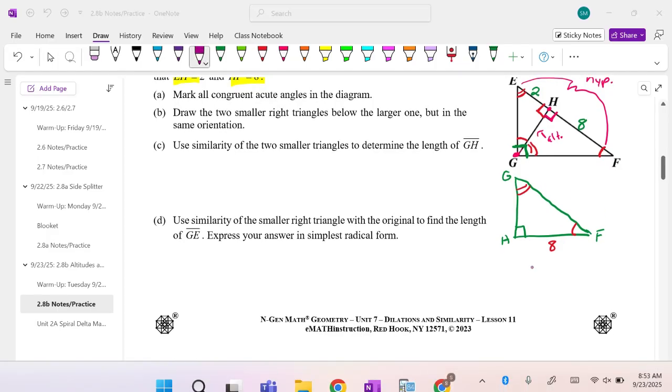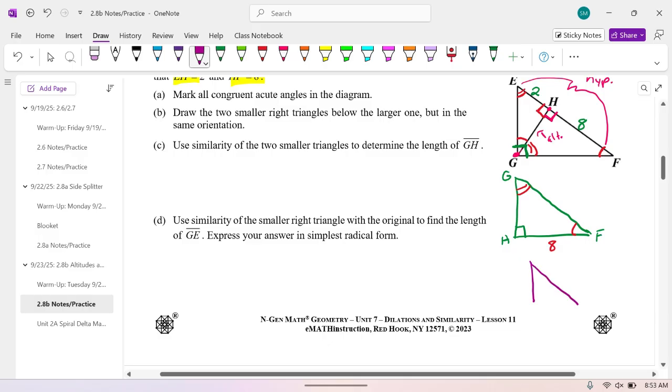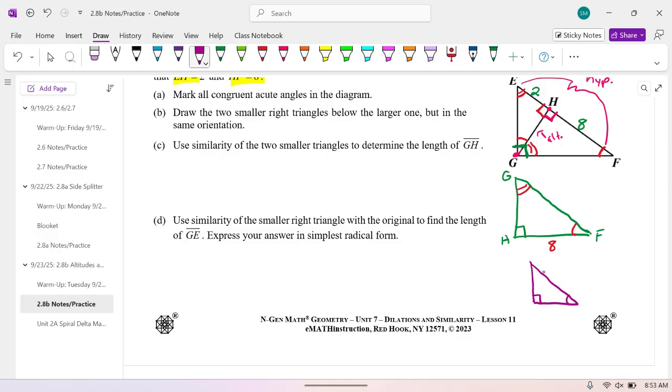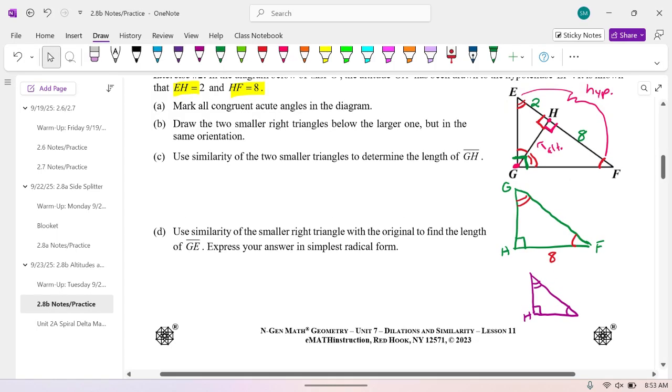Then if I draw the smallest right triangle, the right angle's right here, it should have these tick marks here. We know H is still the right angle, so what letter would have to go with the 2 ticks for the smaller triangle?